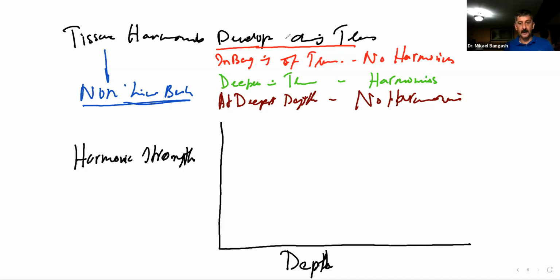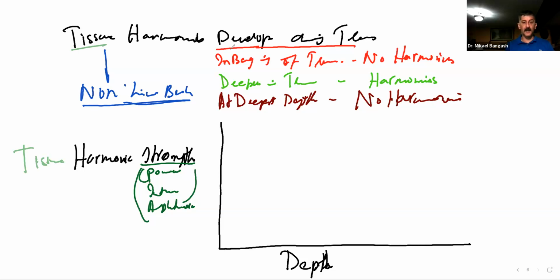Now, when we say strength, what would that mean? That can also indirectly mean power, the intensity, and the amplitude of your harmonics, which here are the tissue harmonics, which develop during transmission.